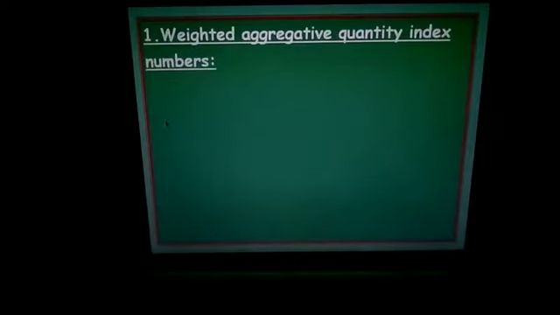So these are weighted aggregative quantity index numbers. These are weighted, that's why weights will be applied. It's aggregative, that's why summation will be written both in numerator and denominator. So first one, last year's quantity index.